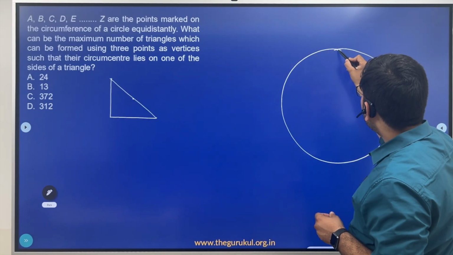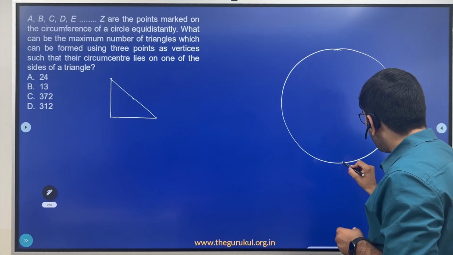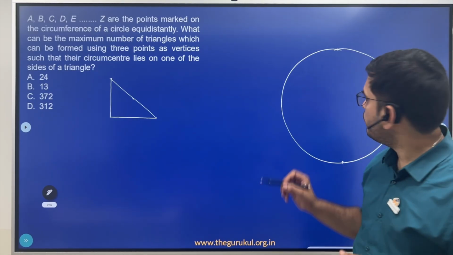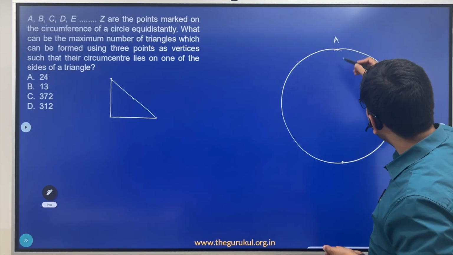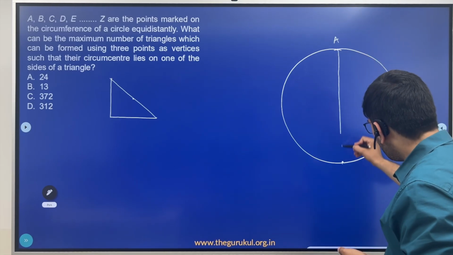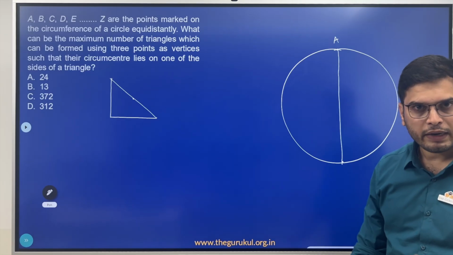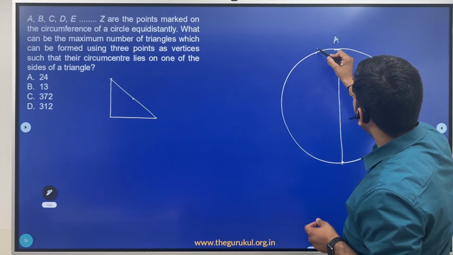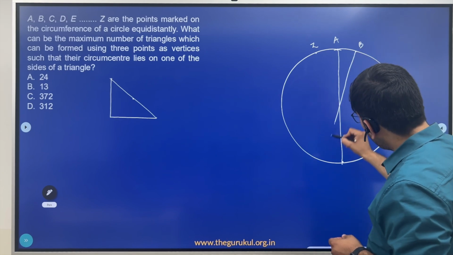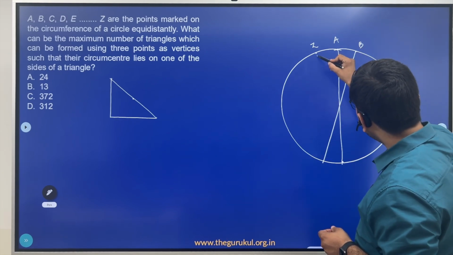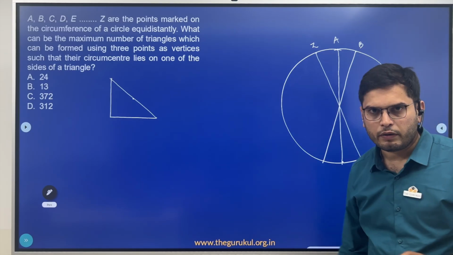So you will be having a pair of points opposite to each other. Right. For example, if this is A, this will be some letter, point corresponding to some letter. Now this becomes what? Diameter of the circle. Now similarly you will be having Z here, B here, and its corresponding opposite point, and this is one diameter and this is another diameter.